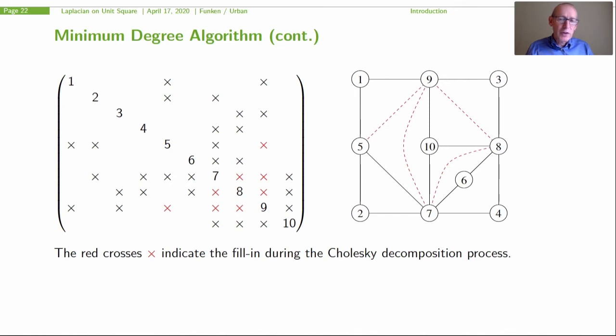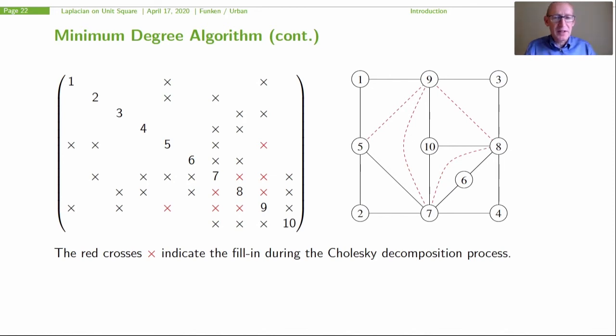But the good thing is that you can rewrite the algorithm, or you have a different perspective, you can also do this algorithm on a different kind of graph, the quotient graph, and therefore you don't need the additional edges here, or you can compute them in some indirect way. But what is still time consuming is the update of the degree of each node.